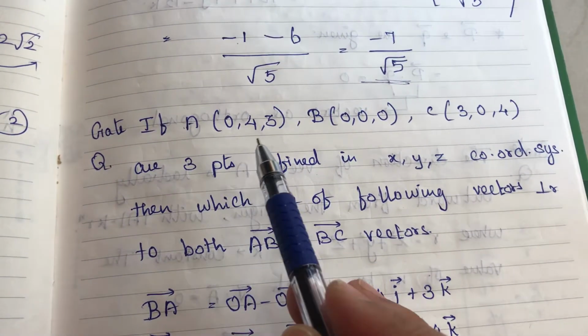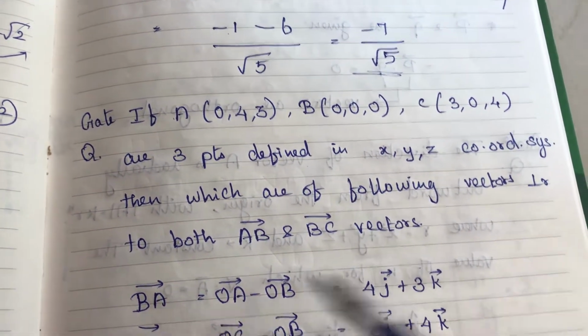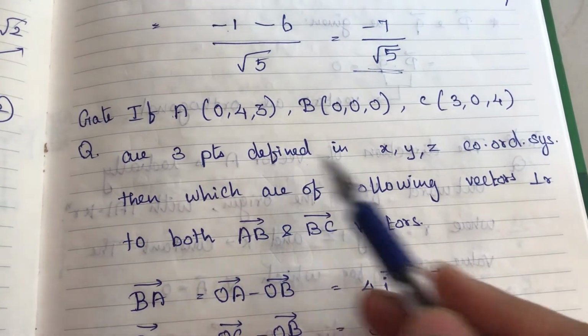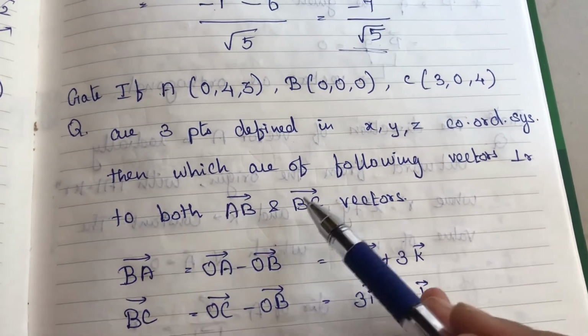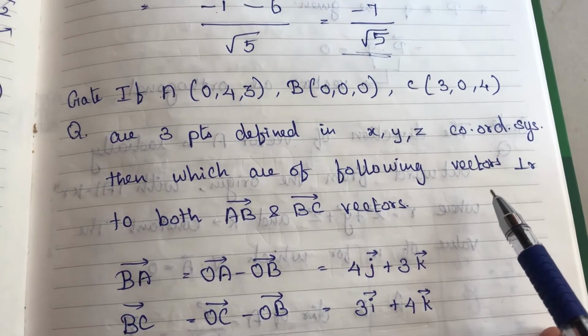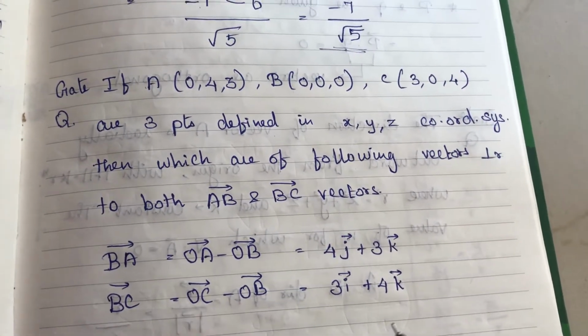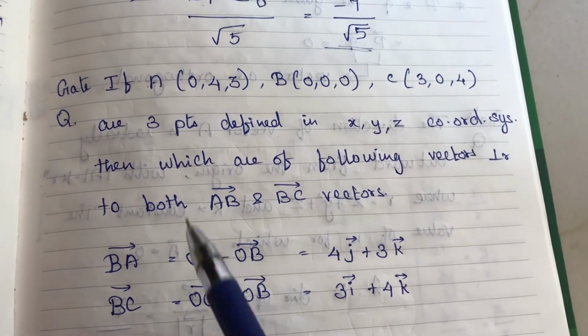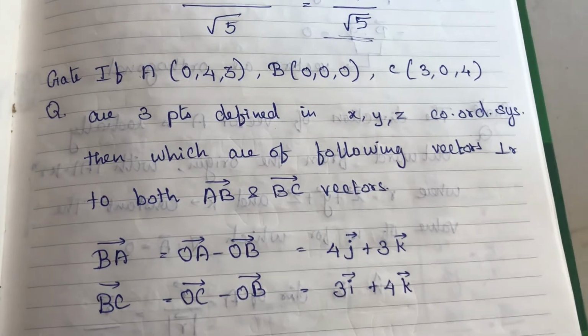If A is some point, B is some point, C is some point. They have given 3 points defined in x, y, z coordinates. Okay. Which of the following vectors are perpendicular to both AB and BC? Which of the following vectors will be perpendicular to these two vectors?